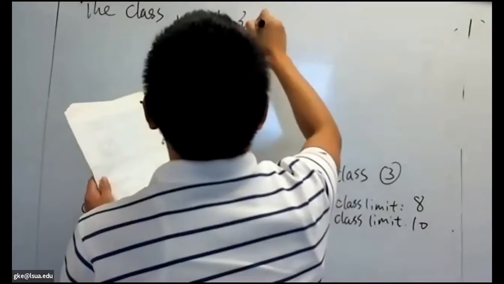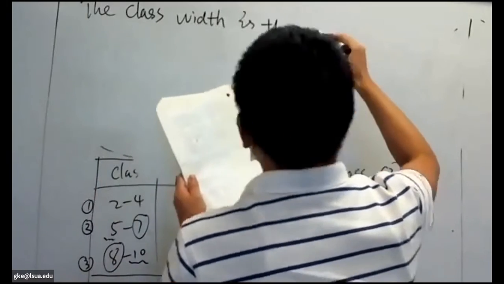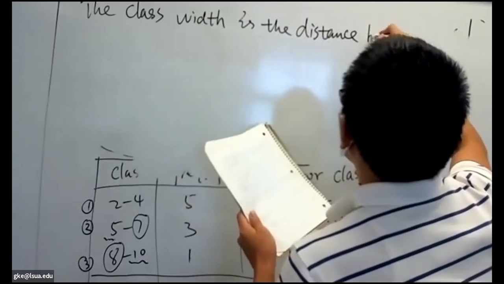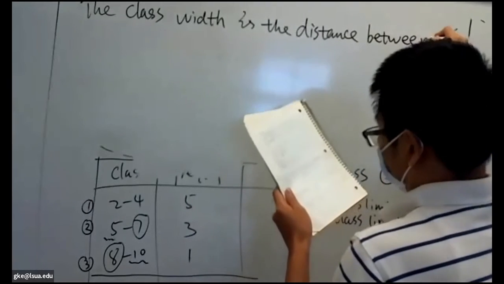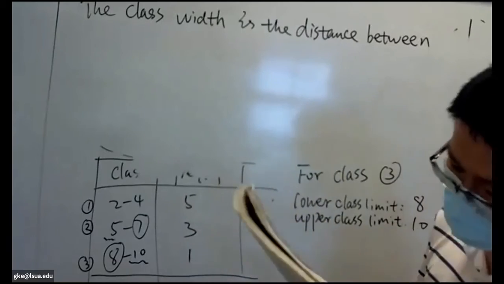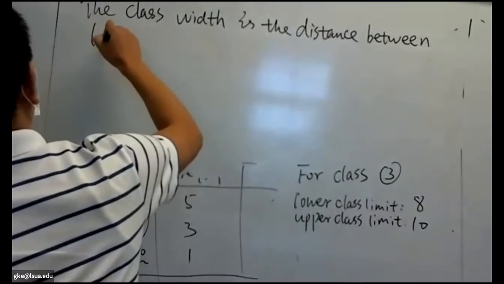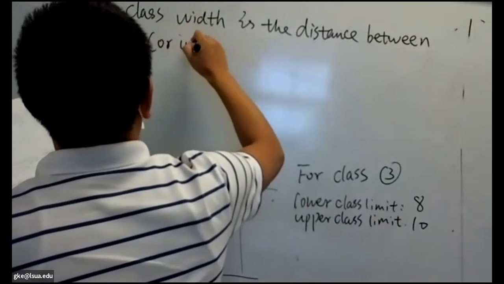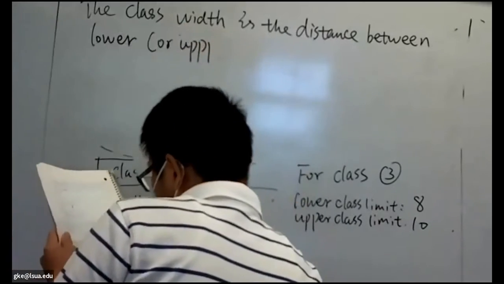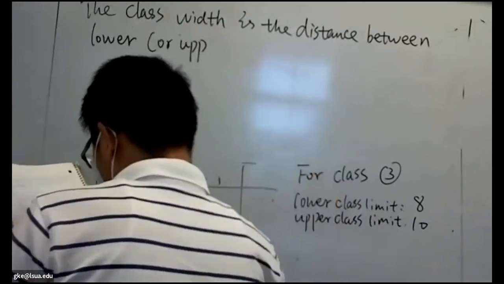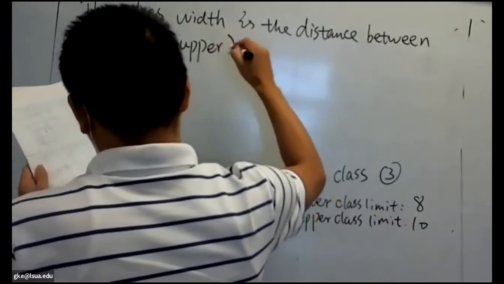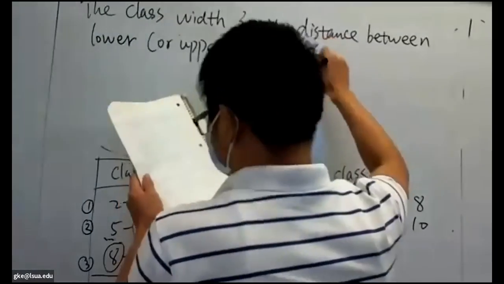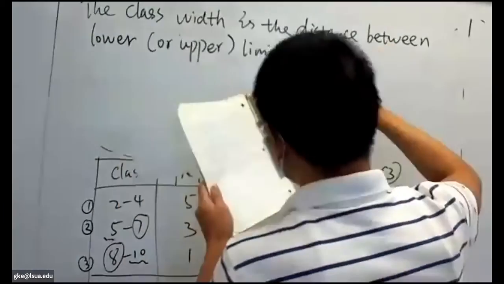It's the distance between lower or upper limits of consecutive classes.